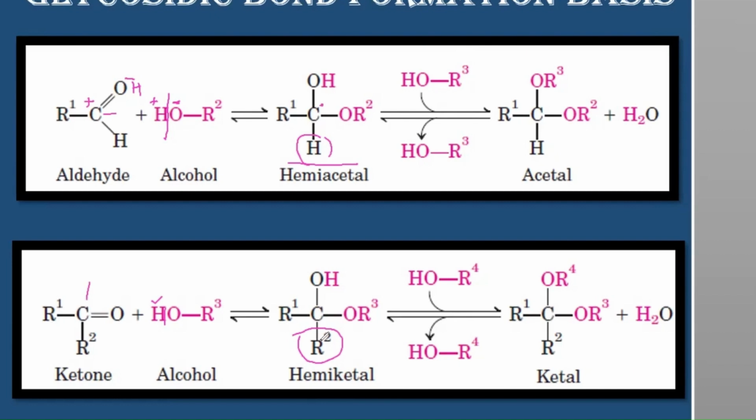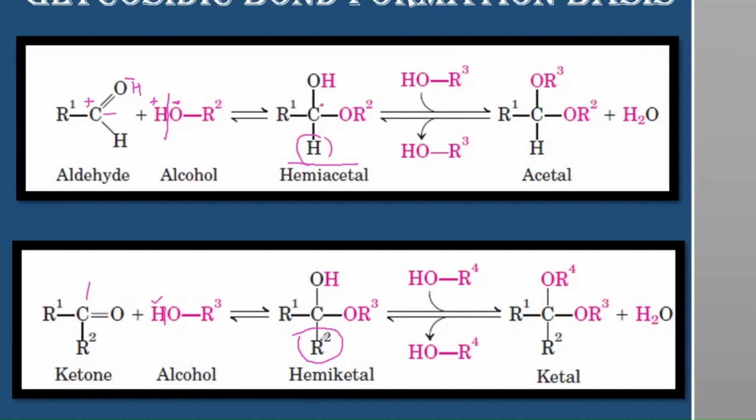Because of this, any of the hydroxyl groups and the carbonyl group interact with one another intramolecularly and lead to the cyclization of the monosaccharides. The same thing happens with ketones as well. There the ketoses get cyclized. This thing we have done in detail in the videos Biochemistry 3 and Biochemistry 4.